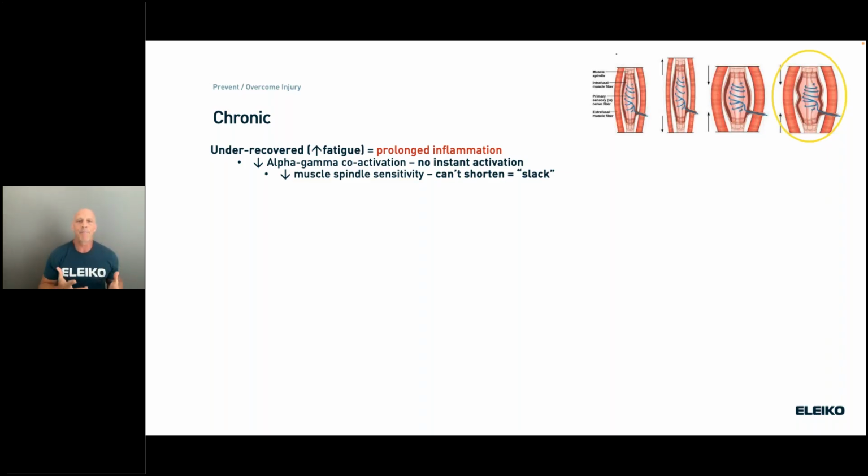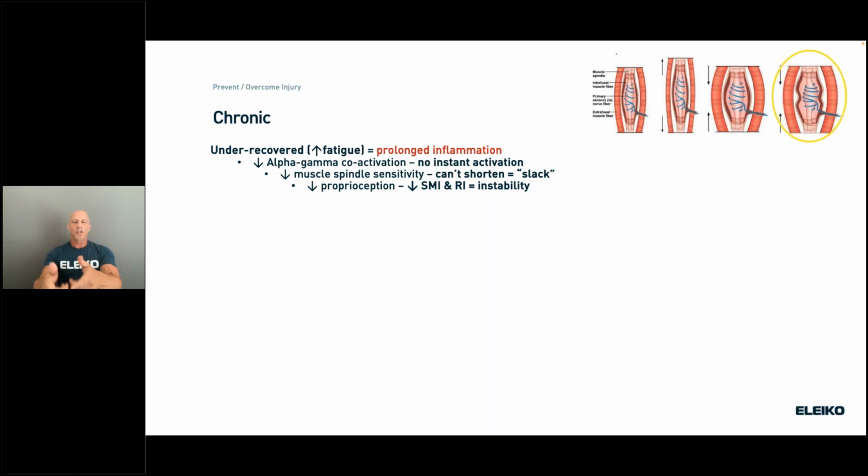That's exactly what happens to muscle spindles. So when we have prolonged inflammation, it knocks the muscle spindle offline and decreases that alpha gamma coactivation, so the muscle can no longer react with its instant timing. When that happens, that cascades down, we no longer have proprioception.